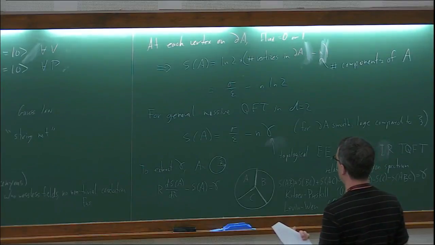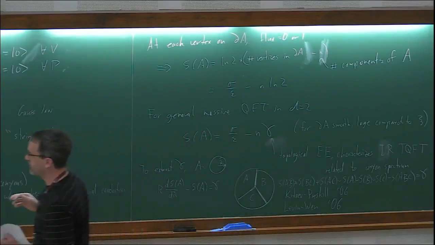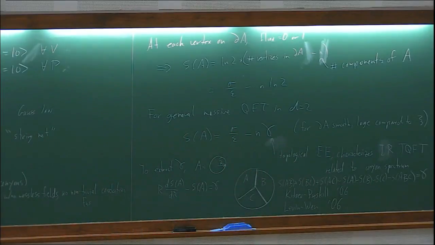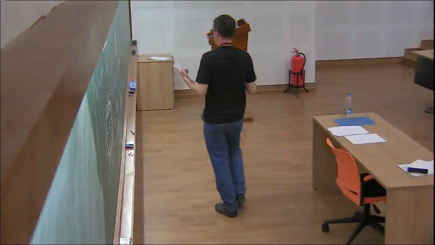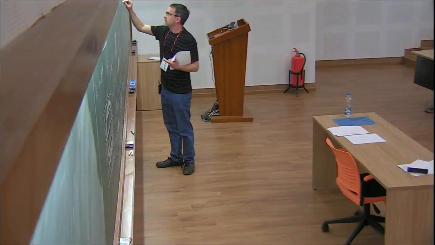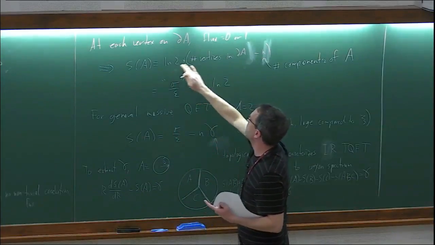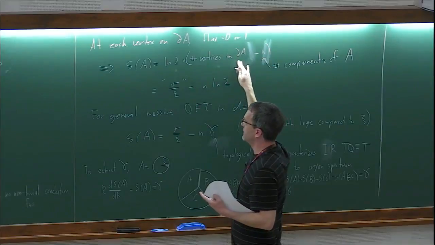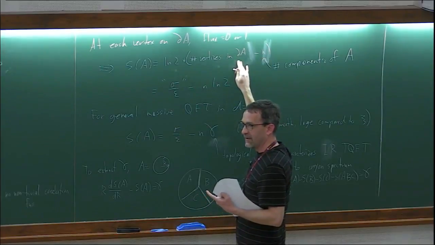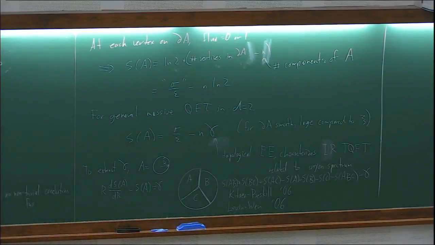Sigma is the area. I'm sort of using it loosely. It's this term, log 2 times the number of vertices in dA, which is what I mean by the area of dA in units of the lattice spacing.